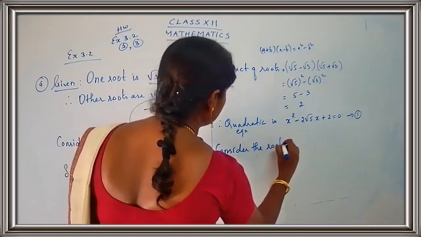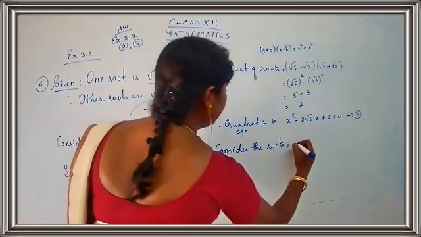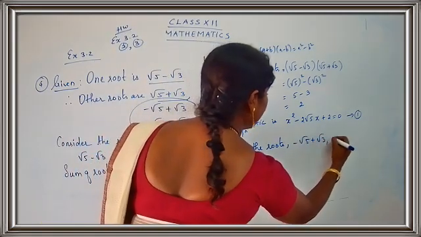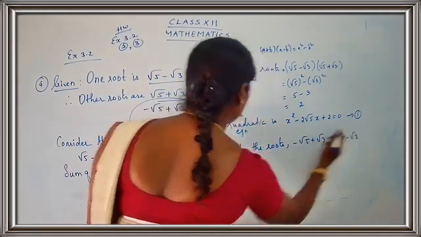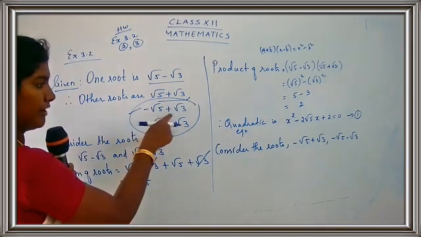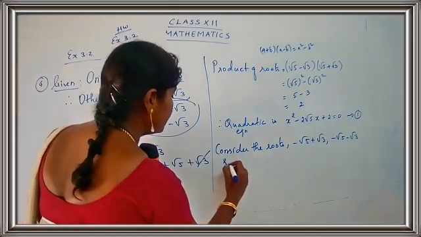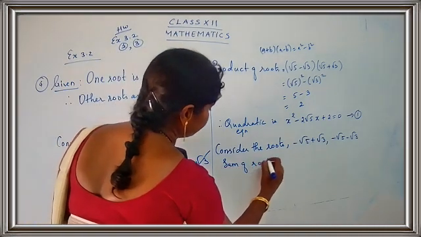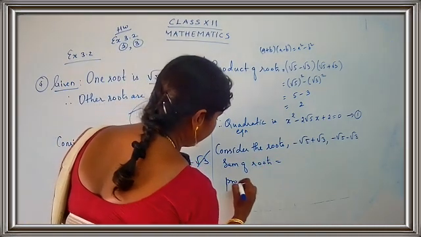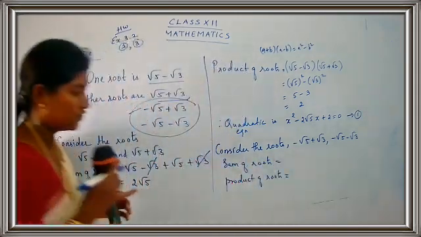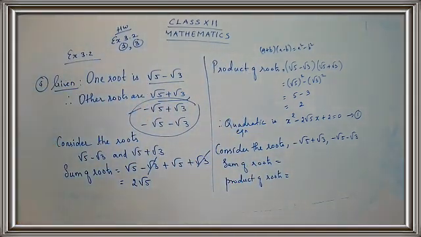Consider the roots minus root 5 plus root 3 and minus root 5 minus root 3. Find the sum of roots and find the product of roots. Come on, find the answer, children.